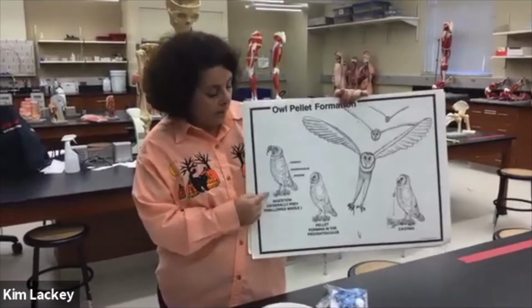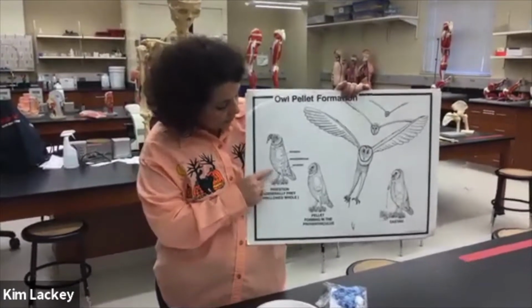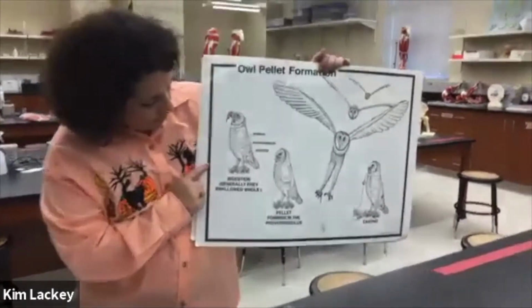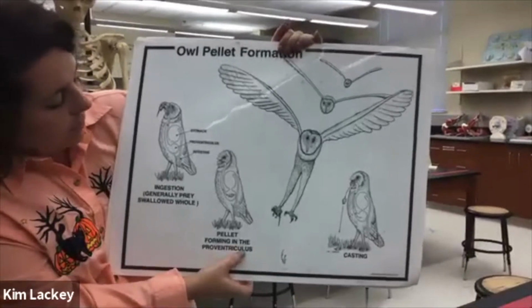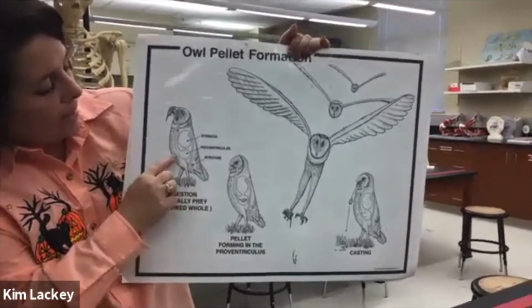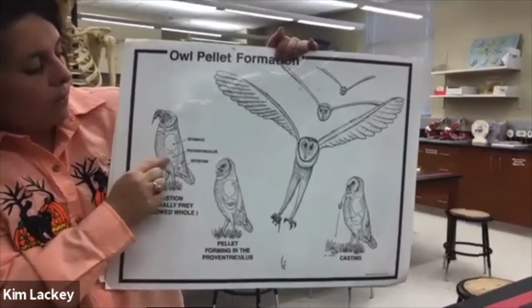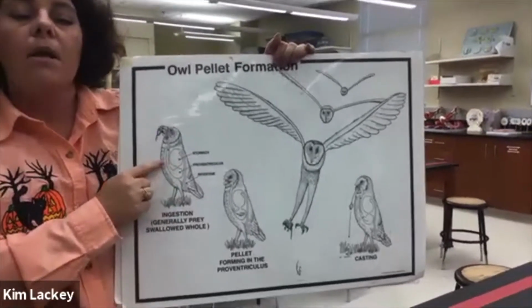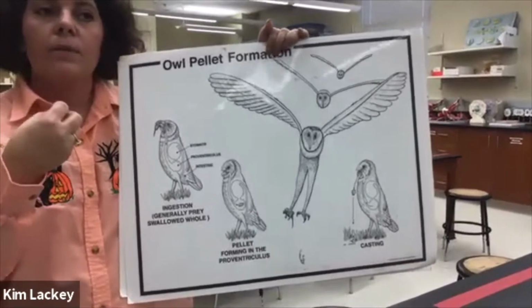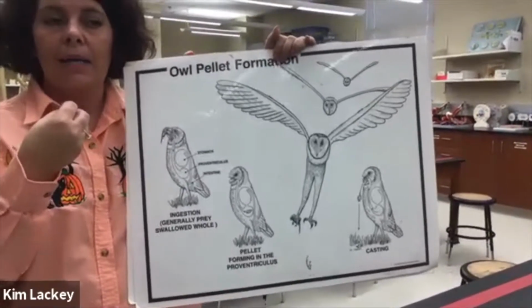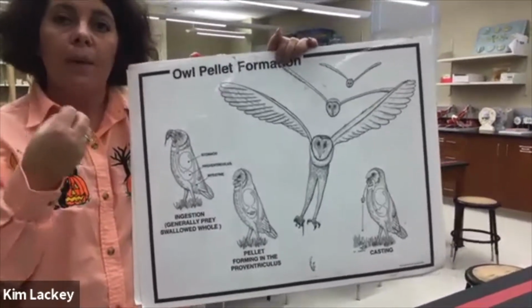And so it goes into the structure that's known as the proventriculus, which is before the stomach, and the bones will sit in there and eventually pack together. It's a very soft packing and it generates a pellet.